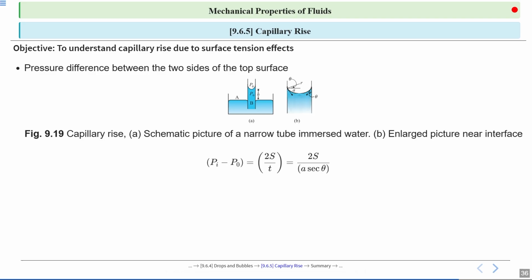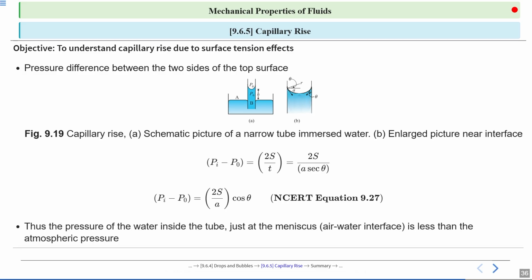Here the formula for the pressure difference: Pi minus P naught is equal to 2S divided by r, which is equal to 2S divided by a sec theta. So Pi minus P naught is equal to 2S cos theta divided by a. Thus the pressure of the water inside the tube just at the meniscus, the air-water interface, is less than the atmospheric pressure.